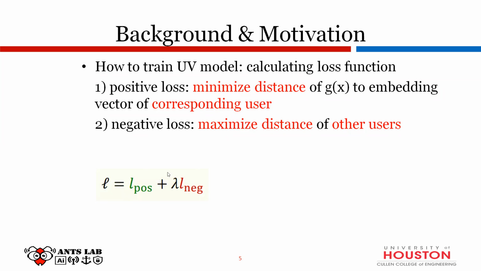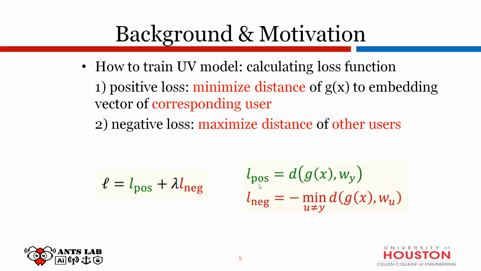Here we have a little bit of formula: L equals positive loss plus negative loss. And this weighting can be any kind of value, depending on how you define it. And here is a more detailed formula.